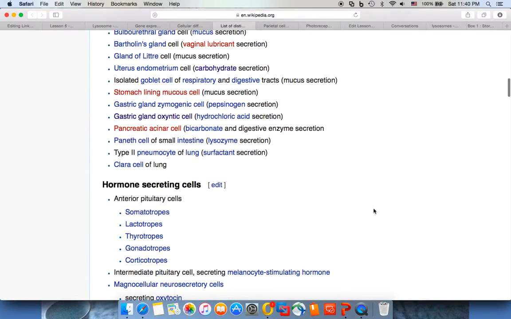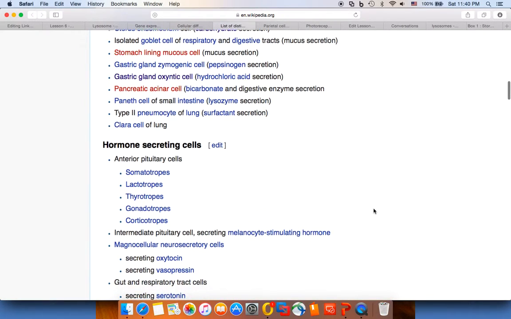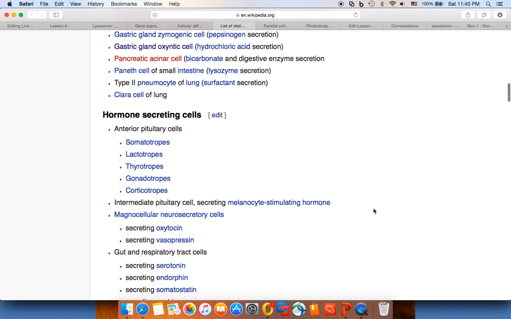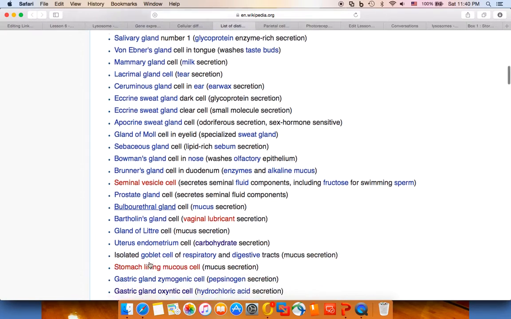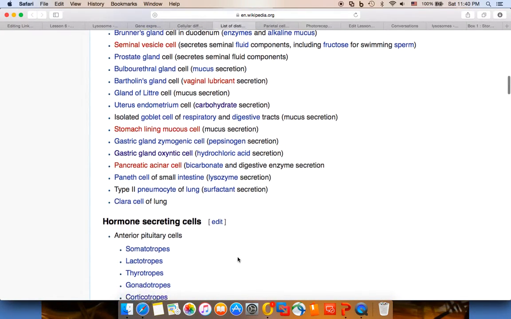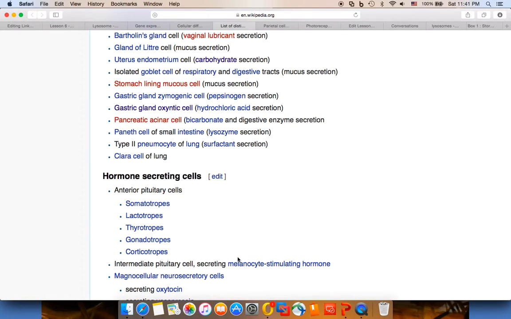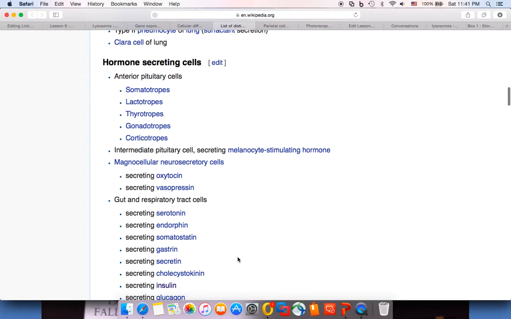Some are for secreting different types of glands, like sweat, or the stomach, the gastric glands, okay, and so on. Each one has a specific job and a specific type of proteins and enzymes that they release in order to perform their function.